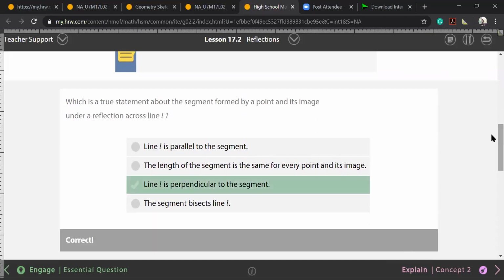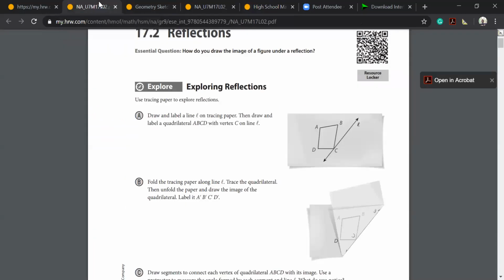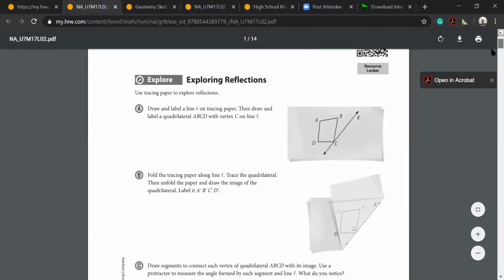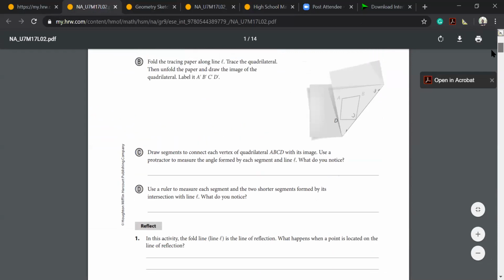Very good. I think you will have this question inside your book. So if you found it, draw segments, what do you note? This is question C in page 843.